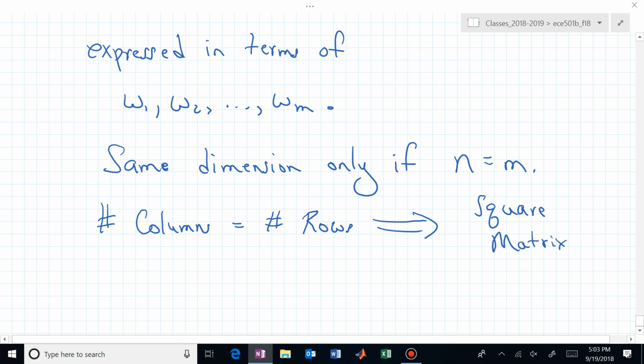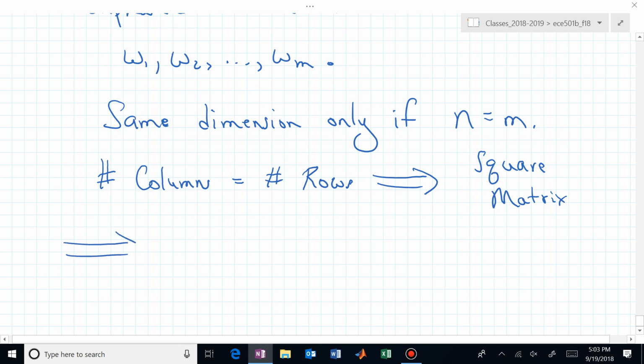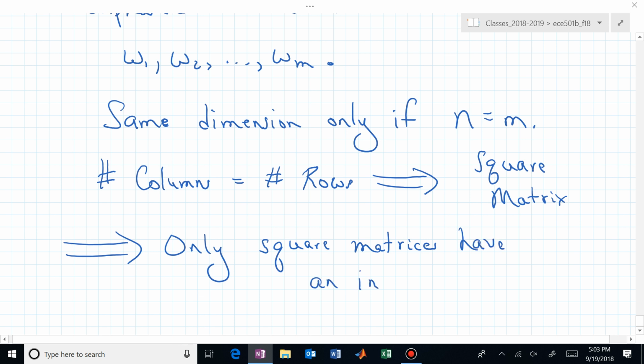And that's our square matrix. So only square matrices have an inverse. And we could have square matrices that don't have an inverse.